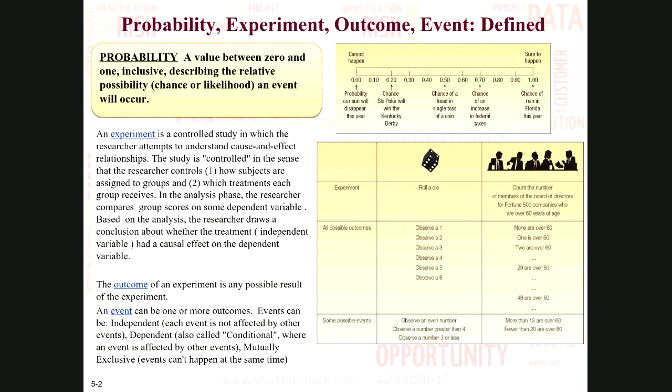So that's an experiment. Let me try to make this a little bigger. Okay, an outcome of an experiment is any possible result of the experiment. So if you throw 1 die, what is the possible outcome?